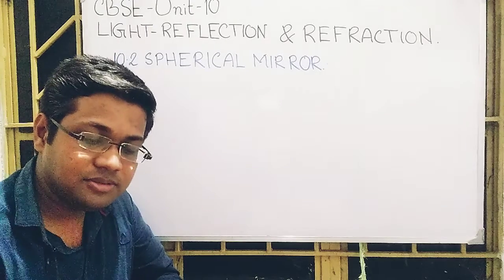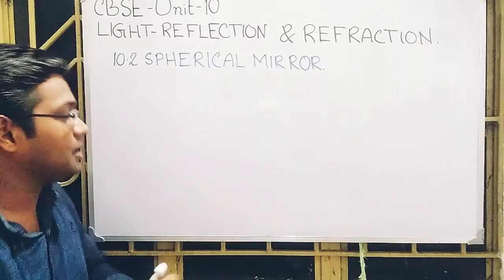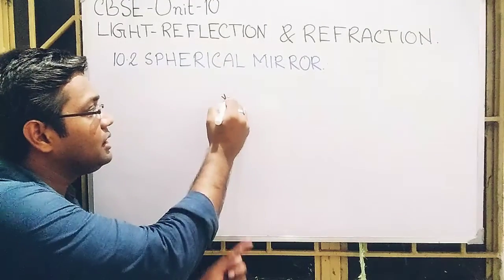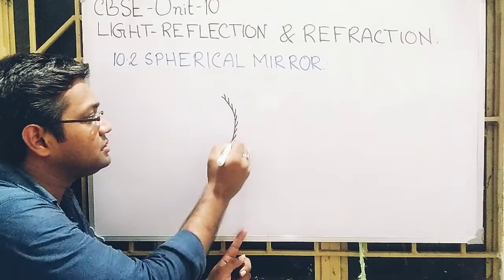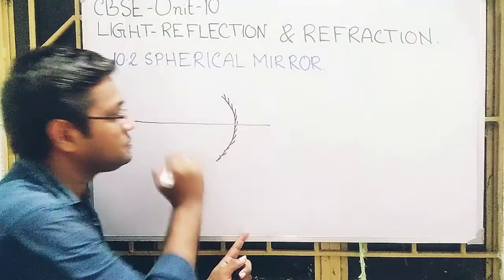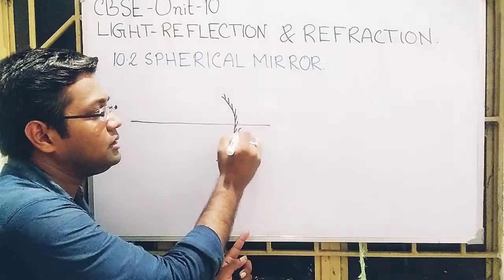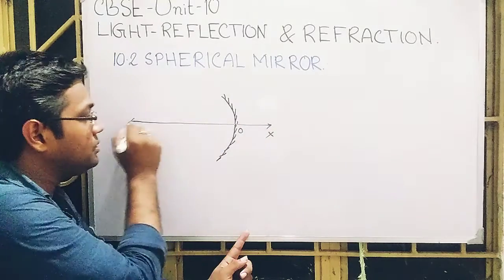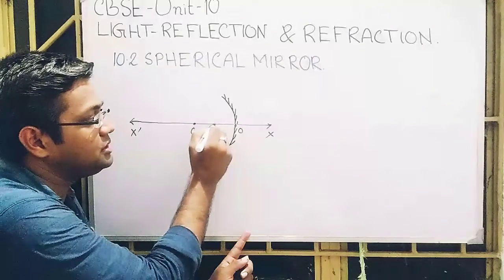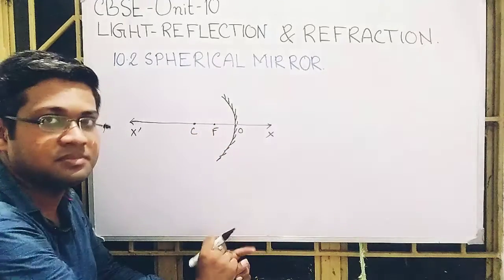So now just think about this. It is a concave mirror. So it has a pole, principal axis, center of curvature and focus.